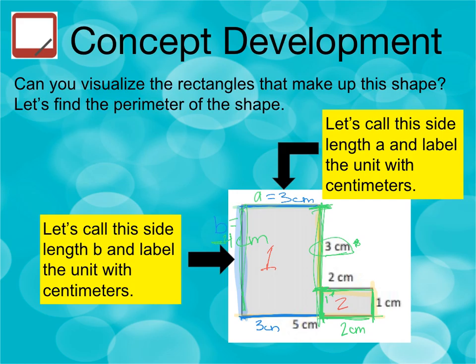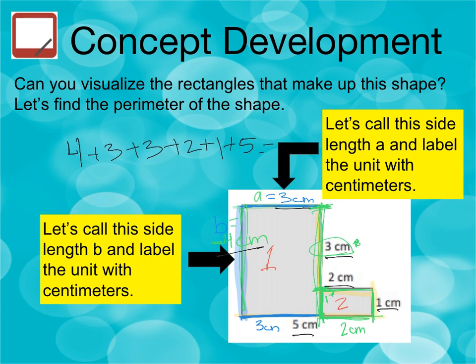So now I have all the side lengths of my shape. So now I can figure out my perimeter. So I have 4 plus 3 plus 3 plus 2 plus 1 plus 5.